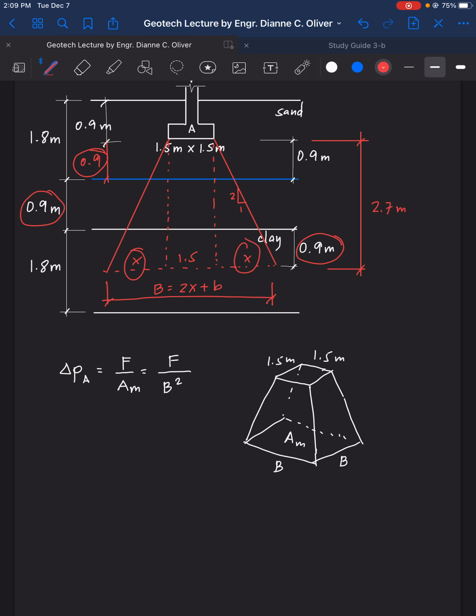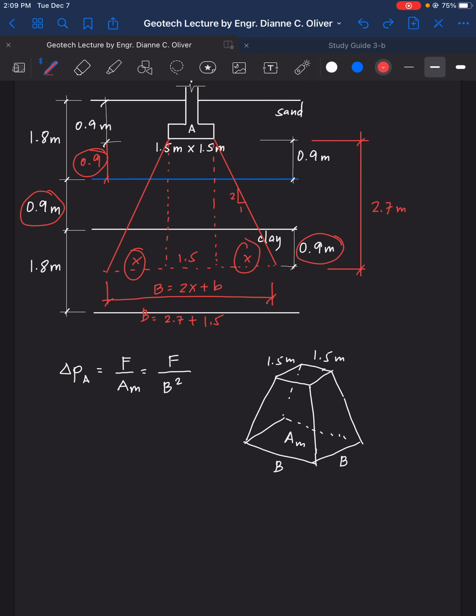Therefore, B here becomes 2.7 plus 1.5. Okay? So what I did is the similar triangle theorem.